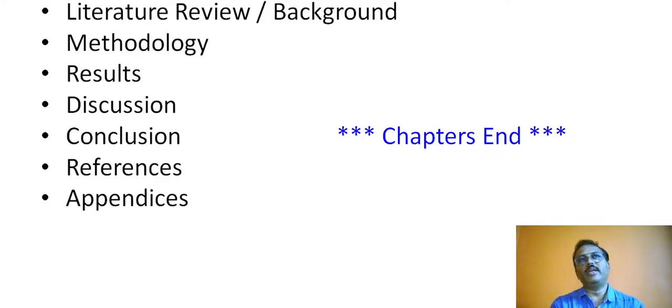Generally you will write a separate chapter for literature review. But if your work is divided into chapters and each chapter has its own literature, there you can review the literature within each chapter, and you will not write a separate chapter for literature review.